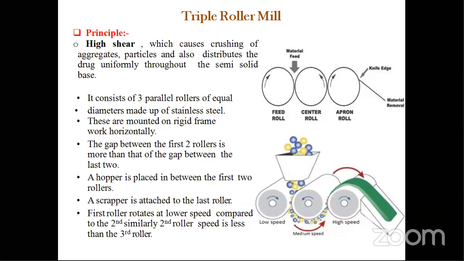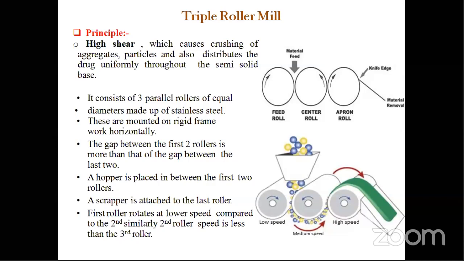The first roller has a low speed compared to the second roller, and the second roller's speed is less than the third roller's. So the rolling speed is in ascending order.